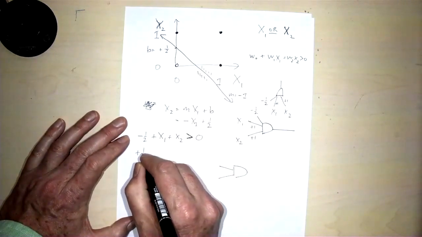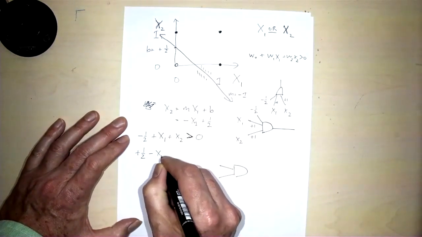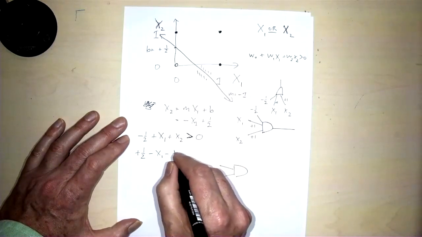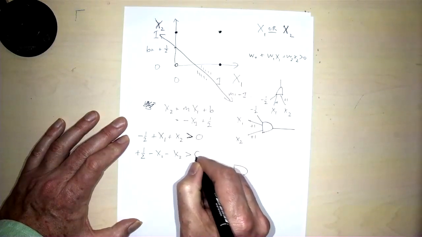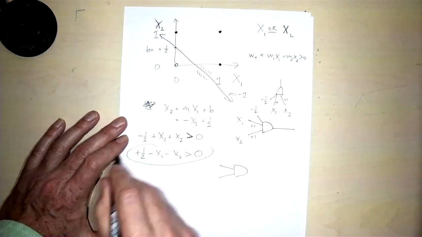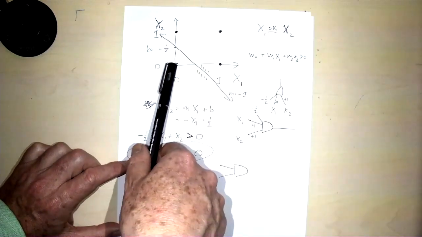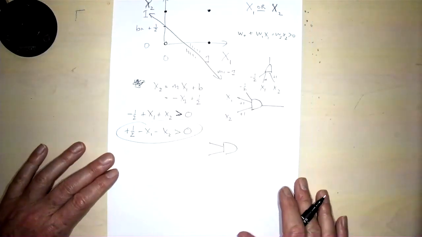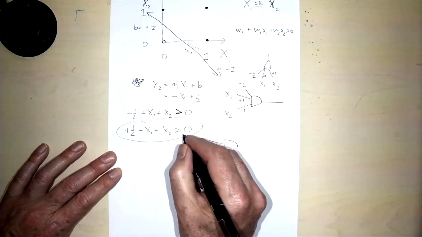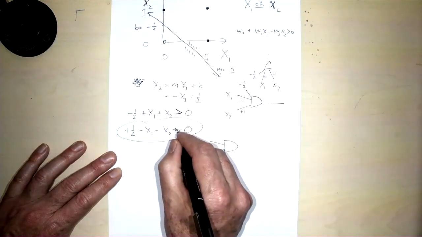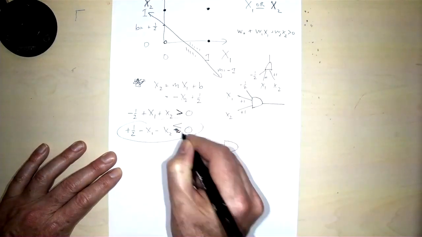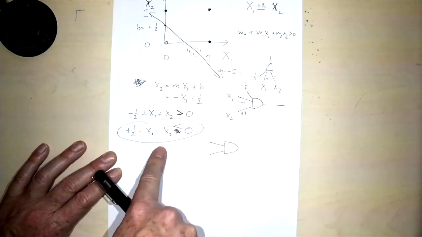Or we could alternatively just negate everything here and say that it's bigger than 0. So this is something that holds for the white points and not the black points. Less than. Right. Okay, so these two are the same.